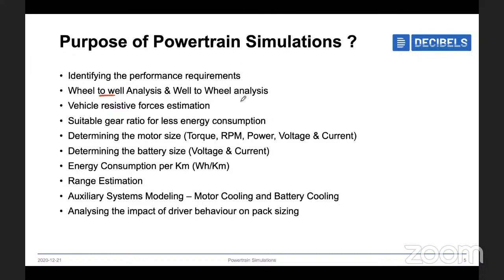So we have to study these vehicle resistive forces. The other thing is the gear ratio, which plays a very important role in energy consumption. If you have done gear ratio versus energy consumption, you might have got some good results, so please do that. It will give you clarity on how the gear ratio is affecting the energy consumption.